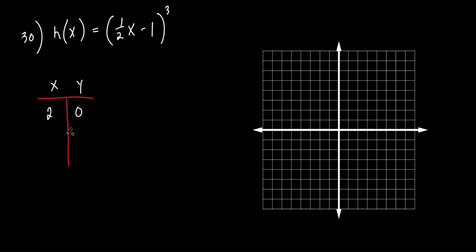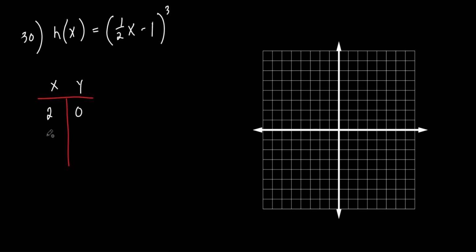Now, Abby asked this: how do I know what points I pick? I'm going to pick a point to the left of 2, since I know it's going to hit right on this axis, and a number to the right of 2.